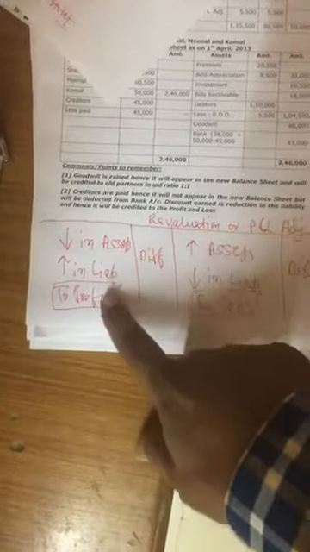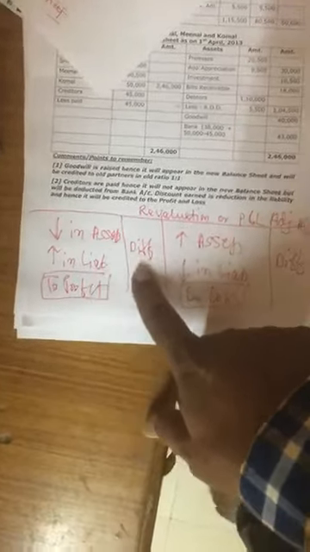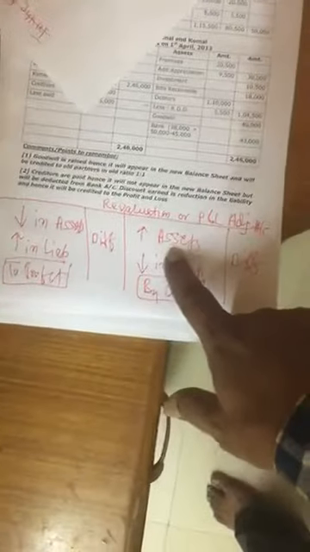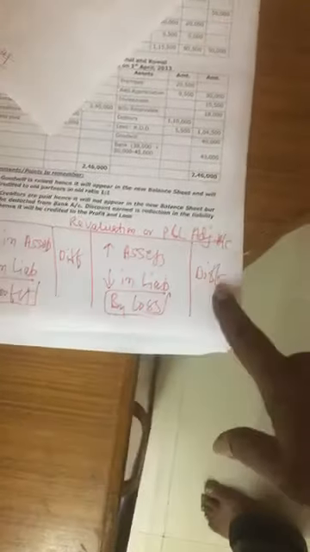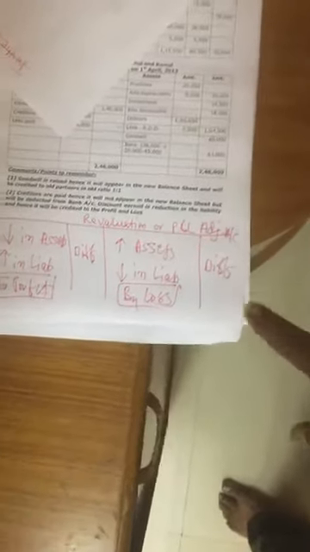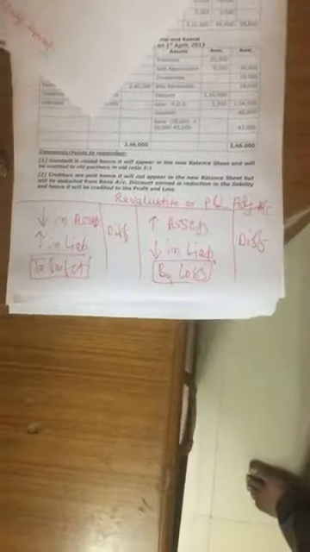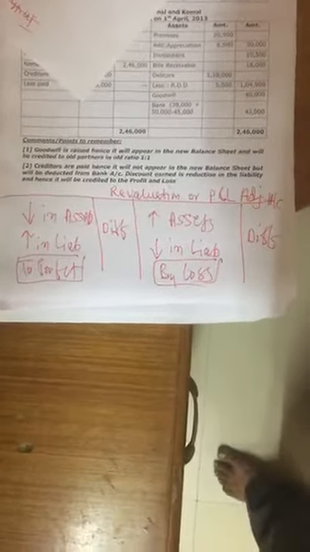Decrease in assets, increase in liability, difference. Increase in assets, decrease in liability, difference. And after closing the account, if the credit side is more, then it represents profit. If the debit side is more, it represents loss. This profit will be transferred to the old partners' capital accounts in the old ratio.